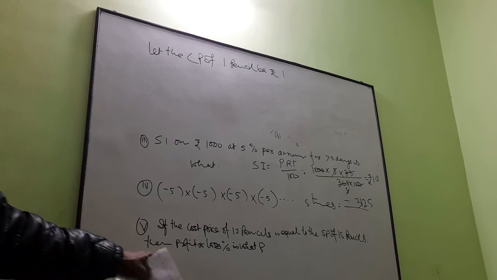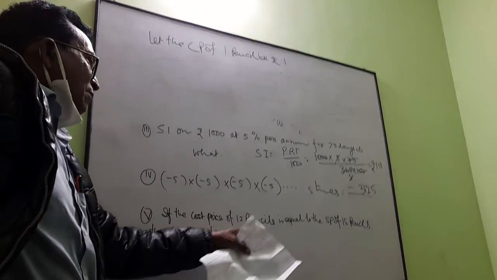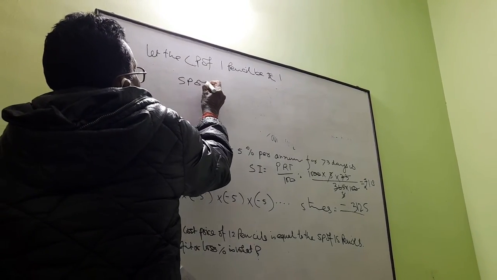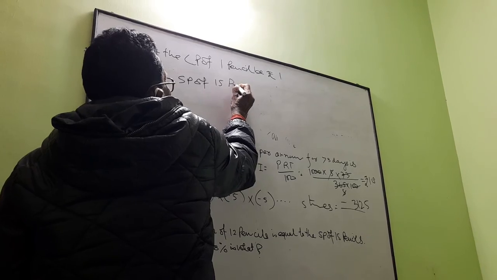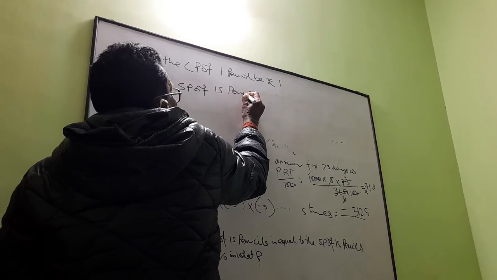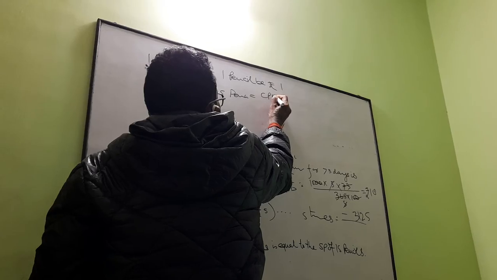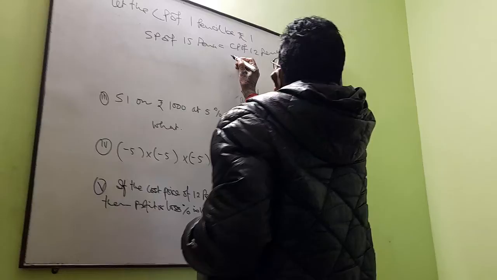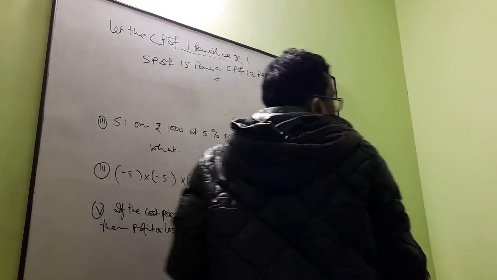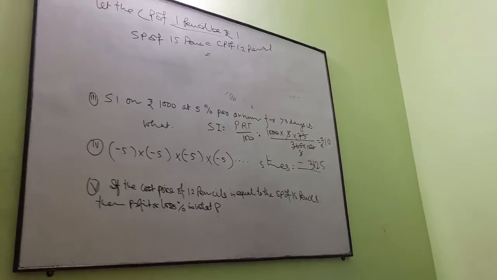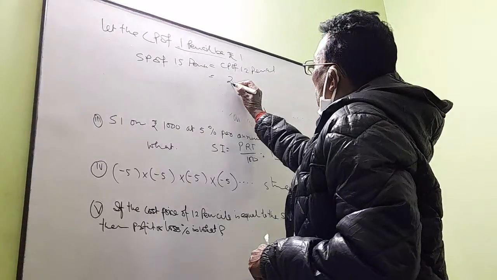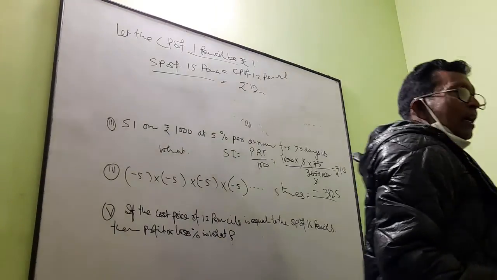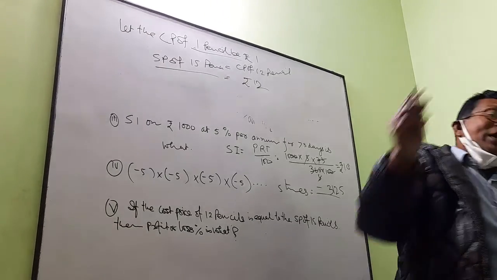So in this question, the SP of 15 pencils is equal to CP of 12 pencils. And if the CP of one pencil is 1, so CP of 12 pencils will be rupees 12. And SP of 15 pencils will be rupees 12.